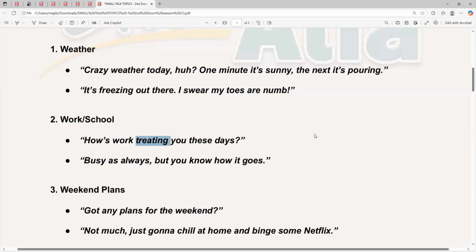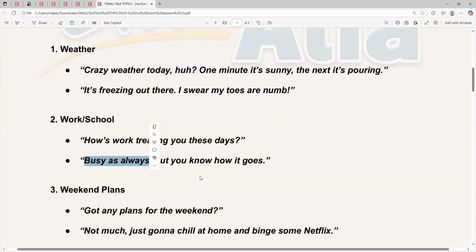How's it going with you? Do you find the work or the school year very difficult? It's very easy. It has its ups and downs. Sometimes it's easy, sometimes it's very hard. So busy as always, but you know how it goes. ما أنت عارف كيف الحياة بتمشي.